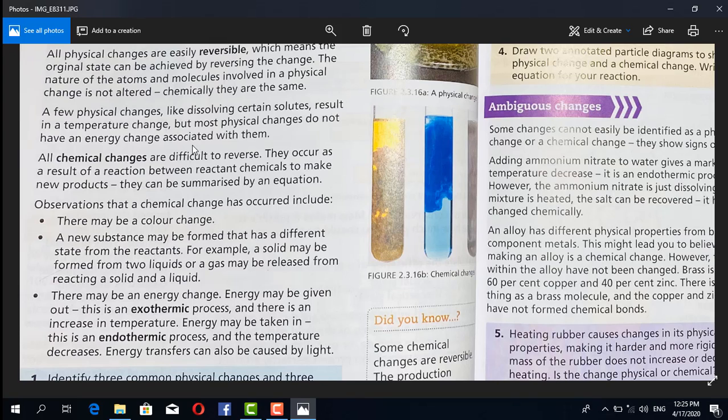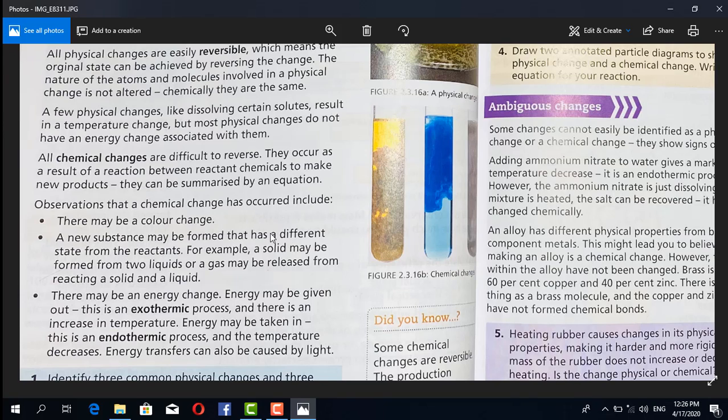Okay. The chemical changes are difficult to reverse. They occur as a result of a reaction between the reactant chemicals to make new products. They can be summarized by an equation. A chemical change may include a change of color, like here in the test tubes, and a new substance may be formed that has a different state from the reactants.